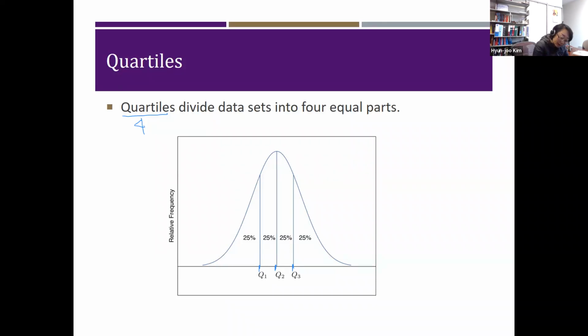The first quartile is exactly the same as the 25th percentile, so 25% of the data is up to that point. Then the 50th percentile, the 75th percentile. These are the same thing, just different notation. And once more, the 50th percentile, or second quartile, is the median.